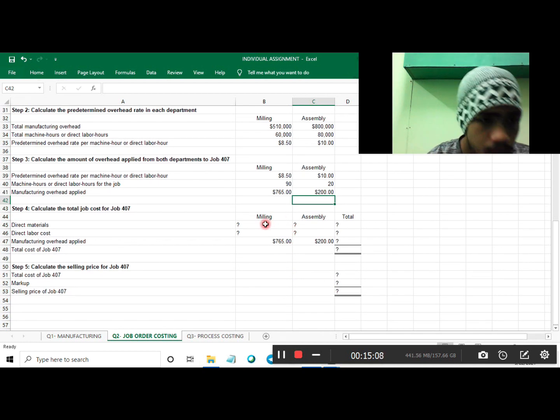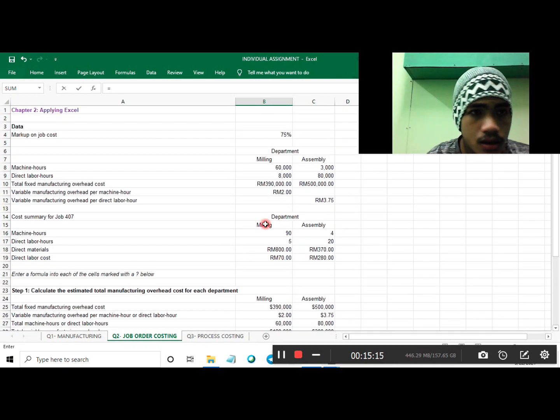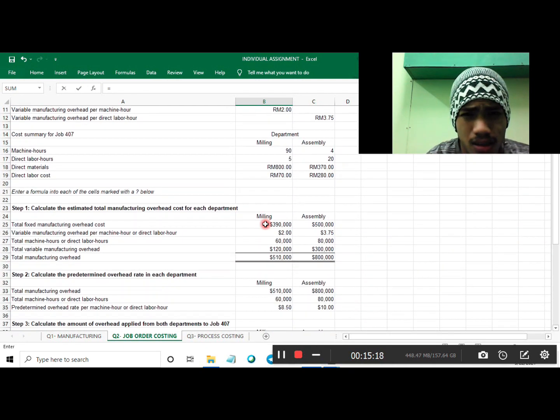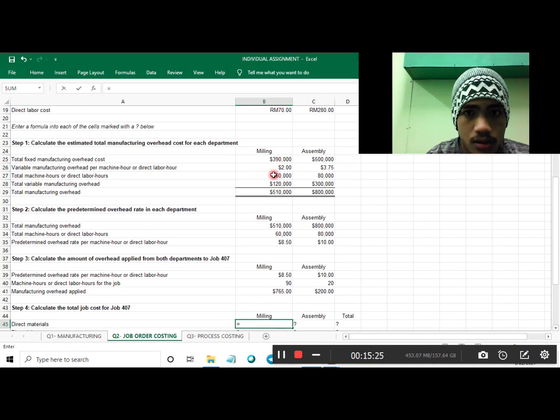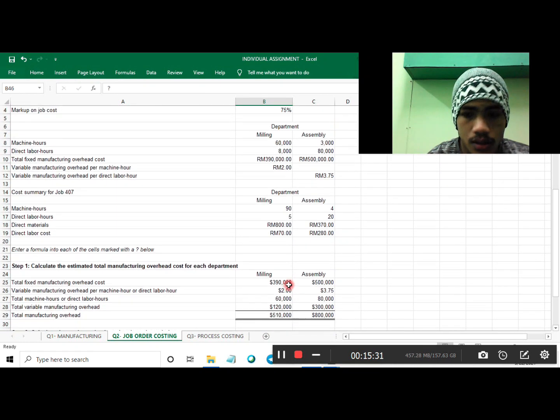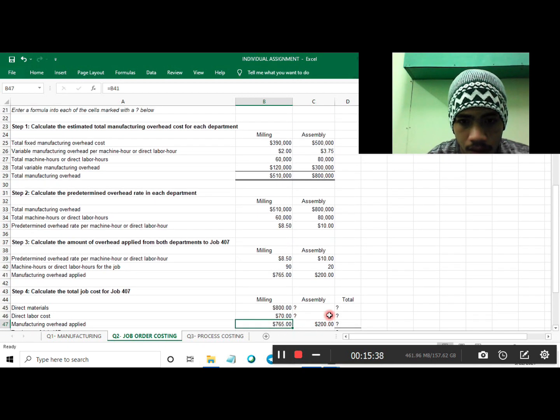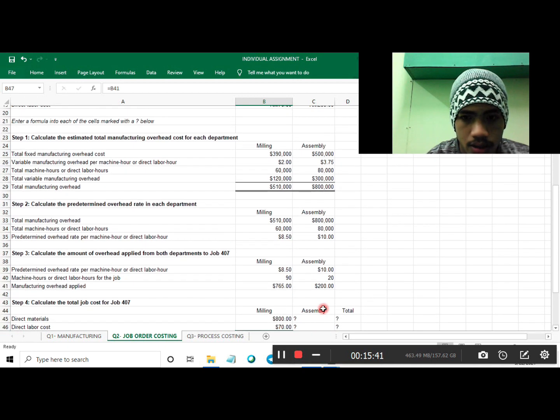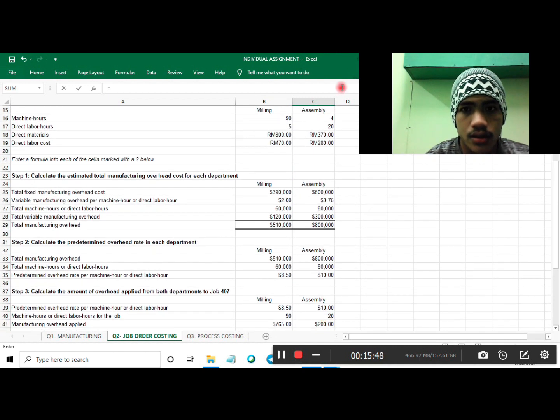For the mailing department, direct material, we just take from the data given, 800. For direct labor for the mailing department, just take 17. And then for assembly, it's the same, just take from the data, 317 ringgit.